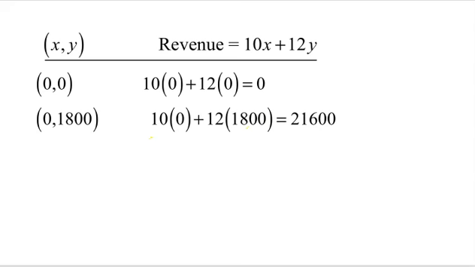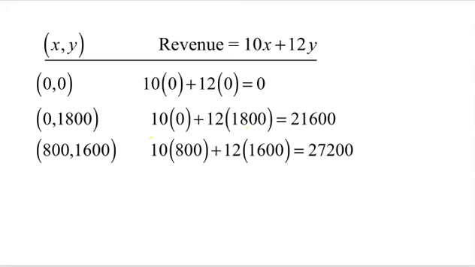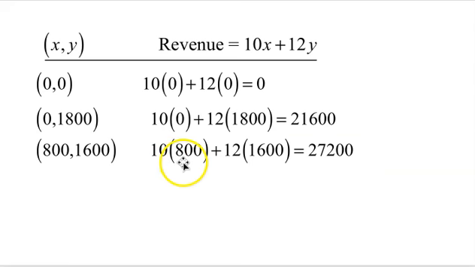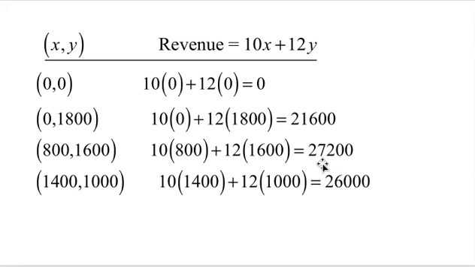Our next corner point after that is going to be 800, 1,600, which is here, that corner point. So 800, 1,600, 10 times 800 plus 12 times 1,600 gives us 27,200 cents, or $272. So that's a little bit more. Our next one is 1,400, 1,000, which gives us 26,000, or $260.